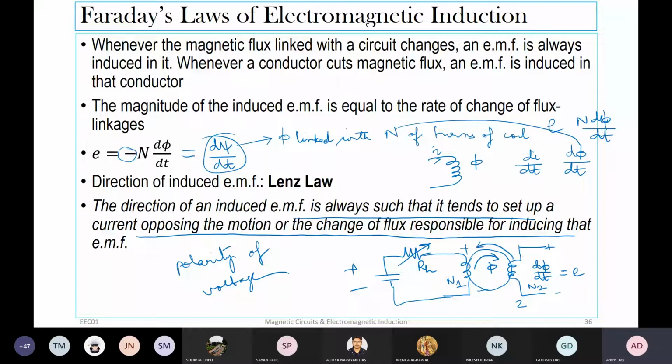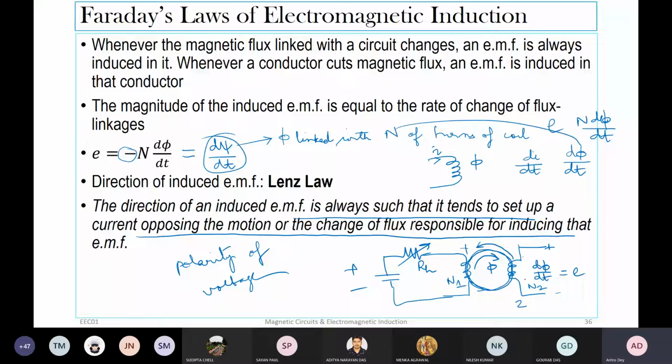So here I have shown an example of statically induced EMF. We have a battery and a rheostat with which we are changing the magnitude of the current. This is your coil where the flux is developed. This is a toroid, a magnetic material through which this flux φ will be linked with another coil, coil 2, right?